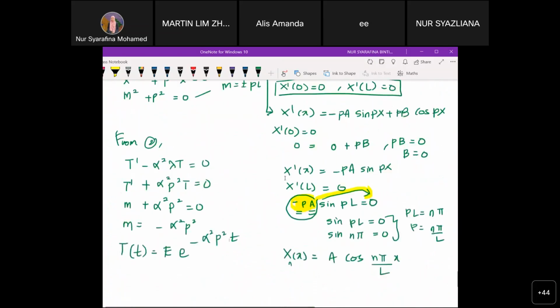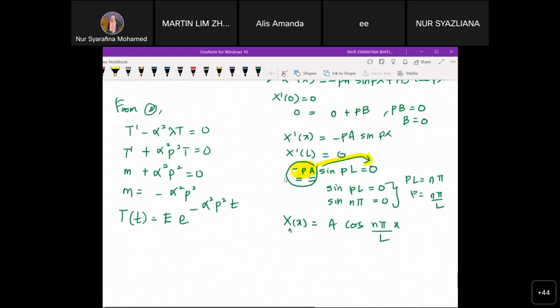Okay, this comes from distinct roots because we only have one root. So you know that your p is n pi over L. So T equals e exponent negative n squared pi squared alpha squared over L squared t.